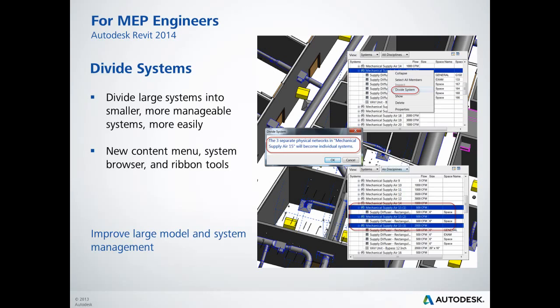This may help improve performance. The divide system command is available only when there are multiple physical networks within a selected system. Bottom line, you can improve large model and system management, control, and performance by creating individual systems from multiple systems.